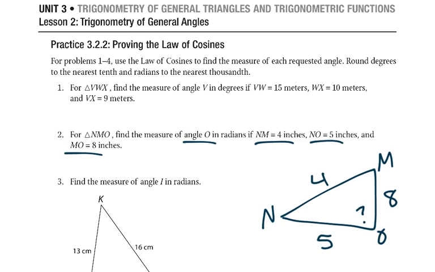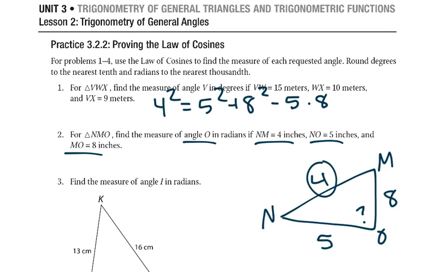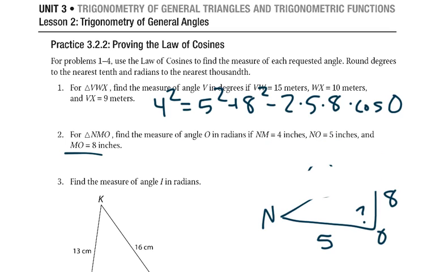So we know that that's going to be 4 squared equals 5 squared plus 8 squared minus 5 times 8 times 2, right? Yeah, 2 in front. Almost forgot that. So let's go like this: minus 2 times 5 times 8 times the cosine of angle O. Then clear my space.